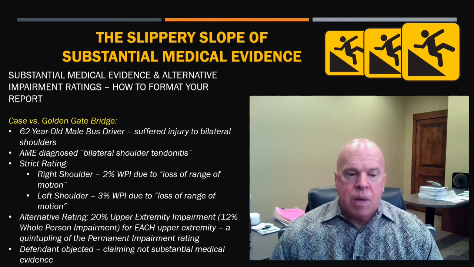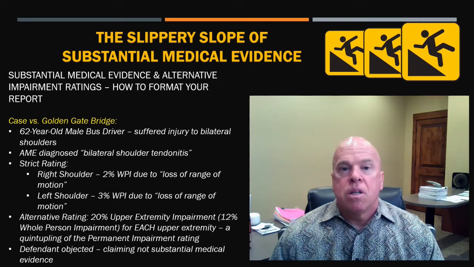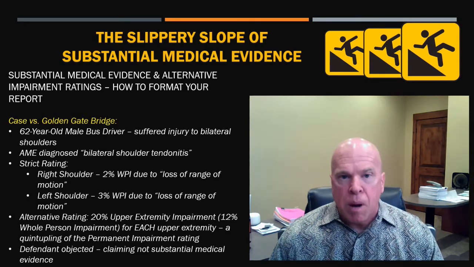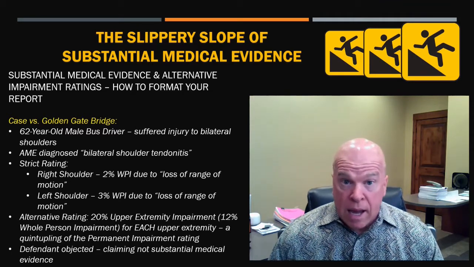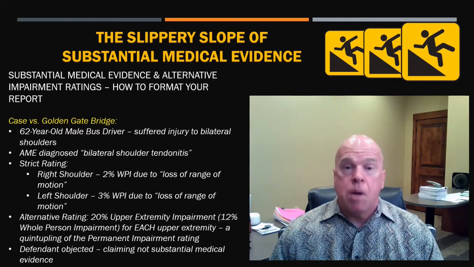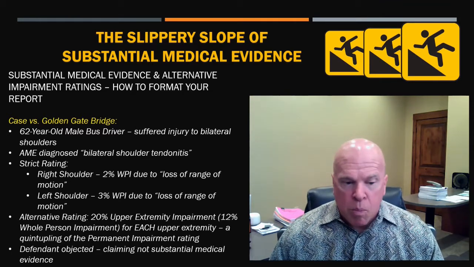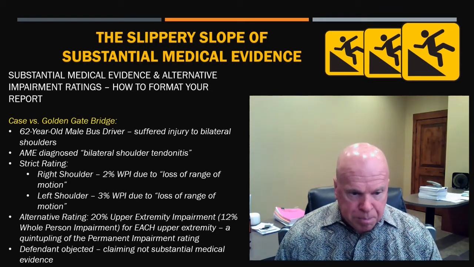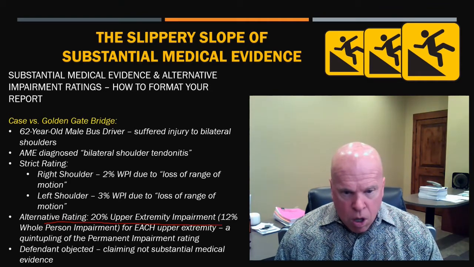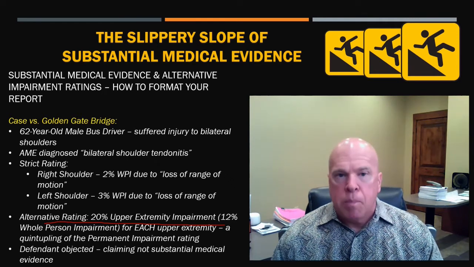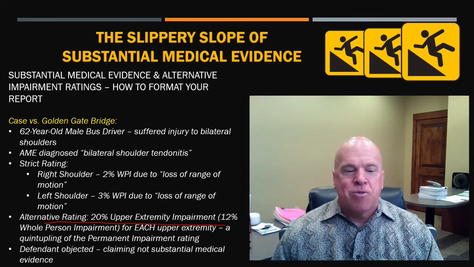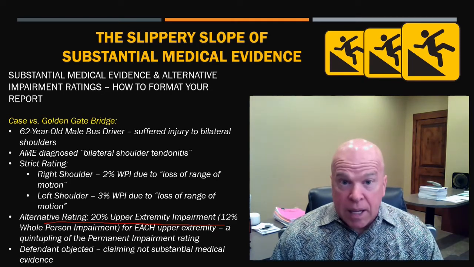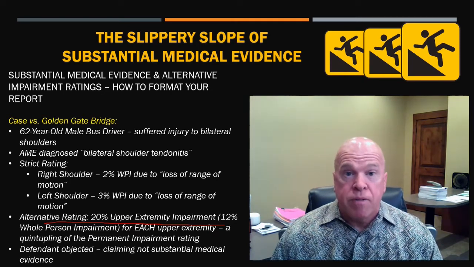Well, then the medical evaluator felt that the permanent impairment rating under the strict application of the guides was not the most accurate rating of Mr. Case's impairment, and the medical evaluator provided an alternative rating for 12% whole person impairment, 12% for each upper extremity, a quintupling. 12 plus 12 is 24.